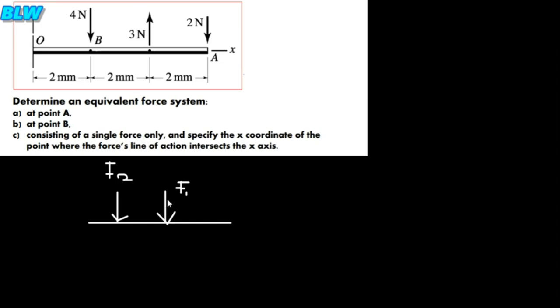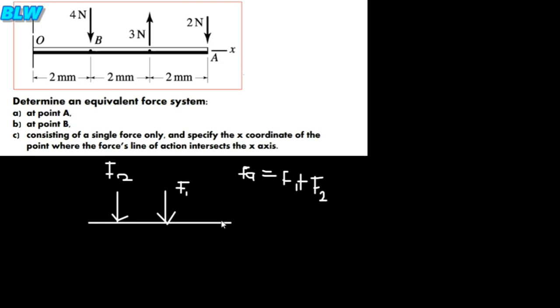So I can represent these two or more forces with a single force, equivalent to all these forces. When I have F1 here and F2 here, I can represent this with a single force. Let's say a single force A will be equal to F1 and F2.